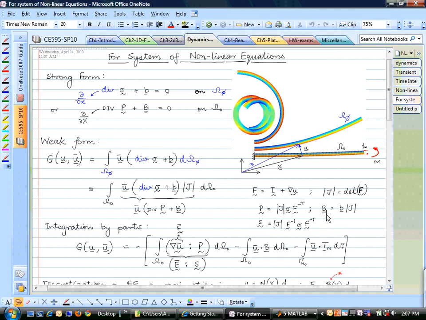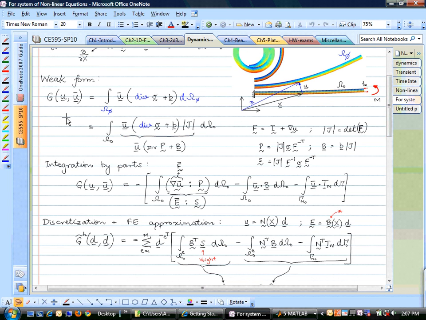So, and this body force in the deformed configuration is this b, or this b multiplied with determinant of J. So all these terms come out very naturally from this integral if you are just consistent with your algebra. So after that, we already know what we want to do.